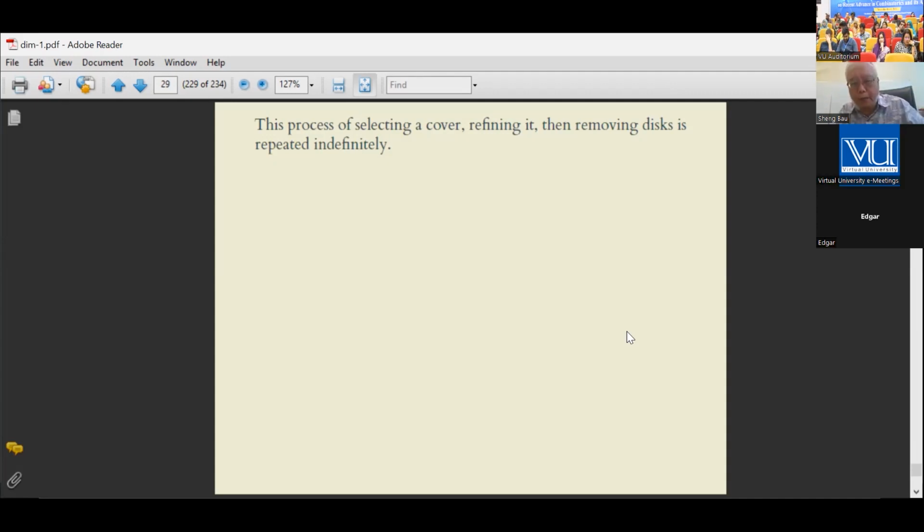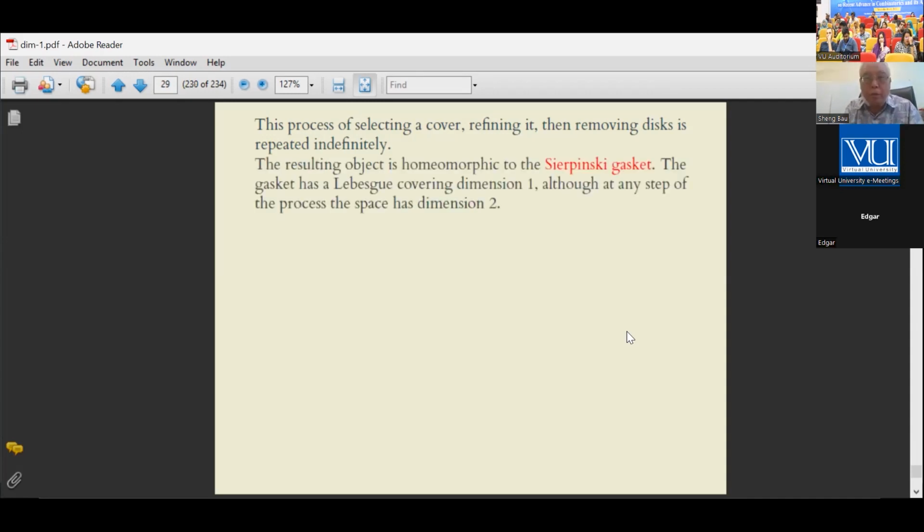by any finite open cover, at the end you have a space with dimension 1, because in the limit, there's no point which is covered by 3 open sets. Every point is covered by at most 2 open sets, which means its Lebesgue dimension is 1. Look at this.